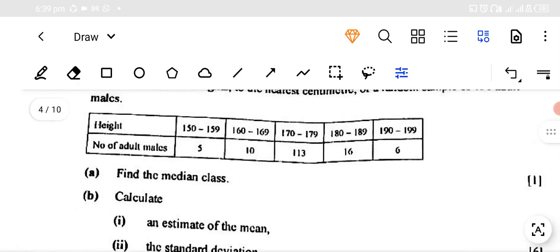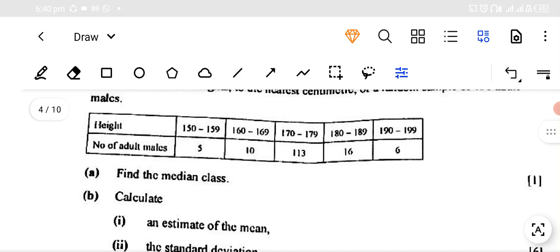Let's start adding. So we have a 3 plus a 10, which is 13, plus 113, which is 126, plus 16, which is 142. Alright, I've already passed the median. Now let me start again. I'm supposed to say, is that a 3 first of all?